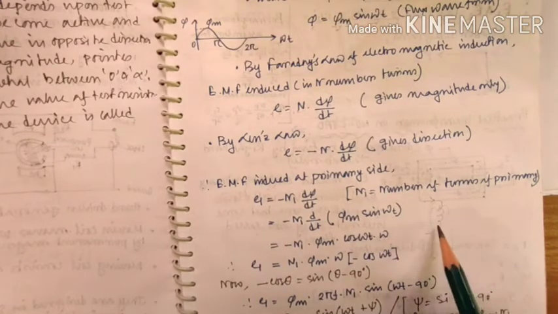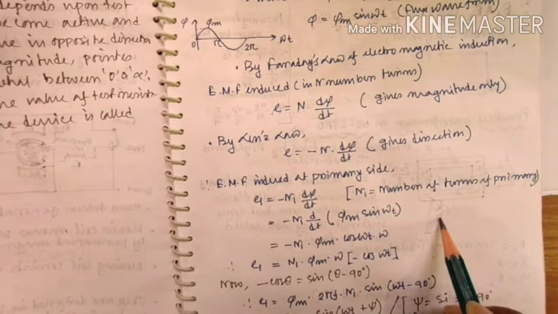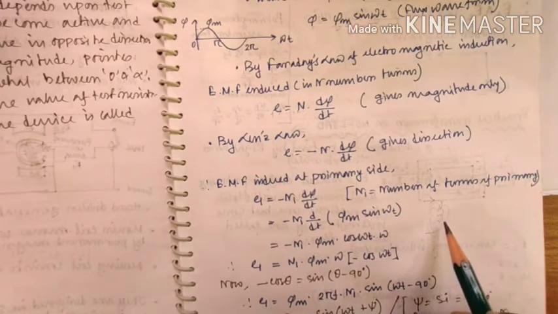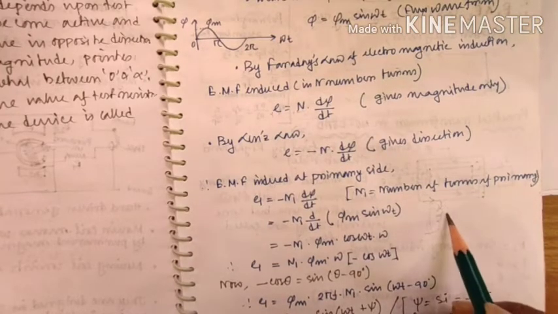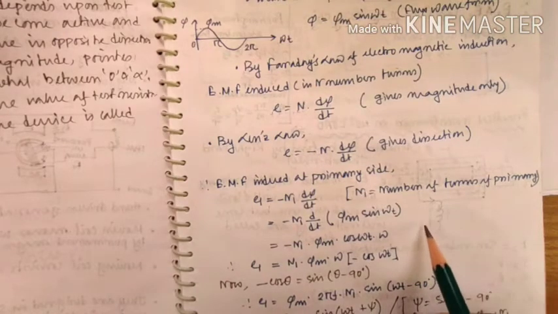Now Faraday says whenever we place a conductor in an environment where flux lines are gradually changing, a certain amount of EMF is induced within the coil. So whatever flux is present here will try to produce an EMF within this coil.